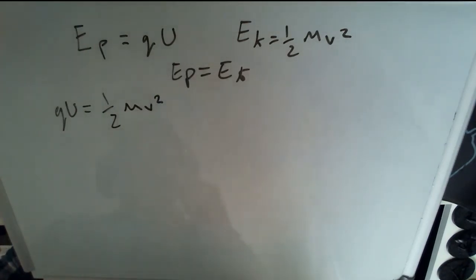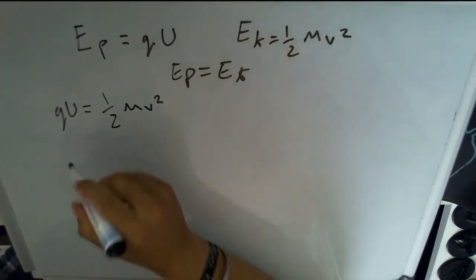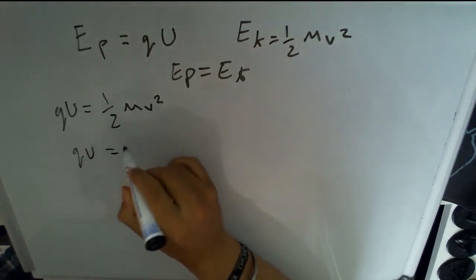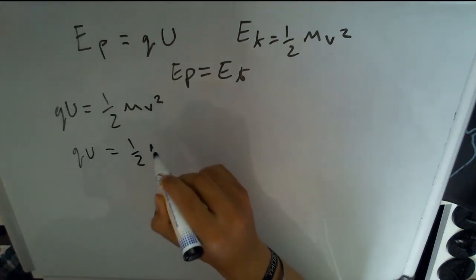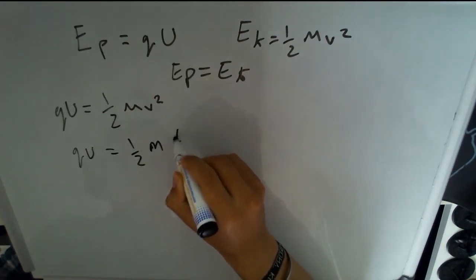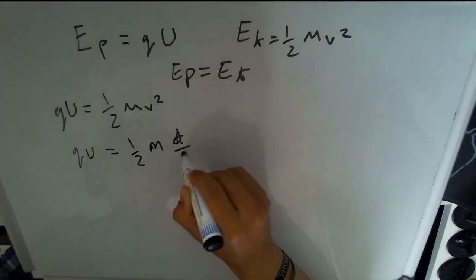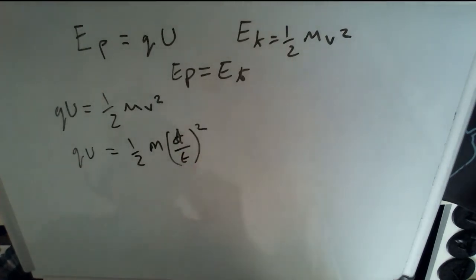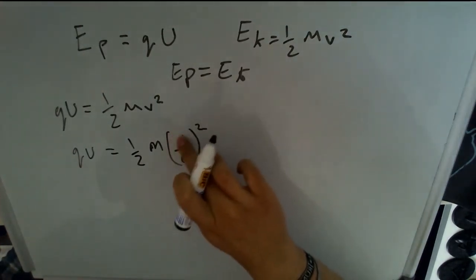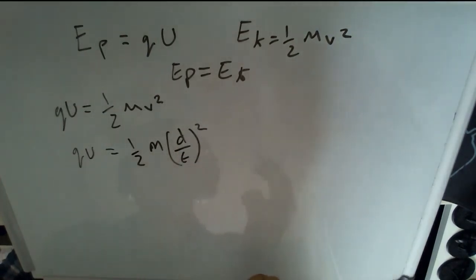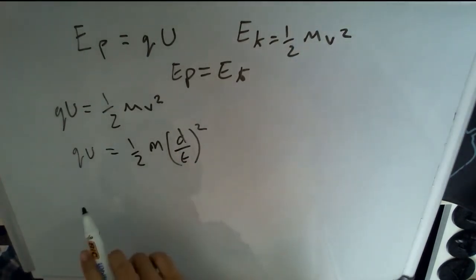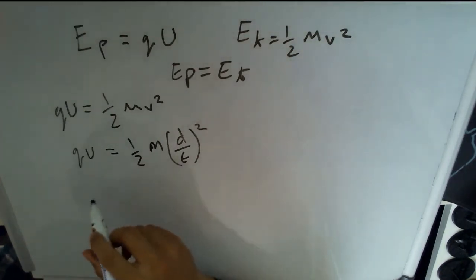We also know that velocity is the distance that it's going to travel divided by the time that it took. So we can say that all of this equals distance divided by time squared. And now we just want to do some rearranging. So we can multiply both sides by 2 and divide by m to get rid of this.